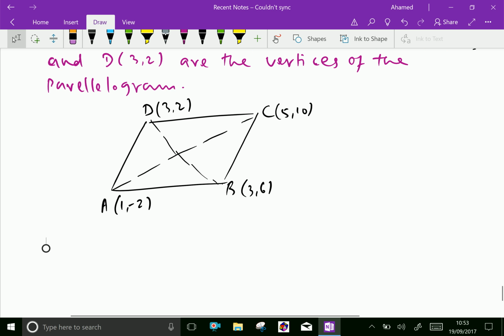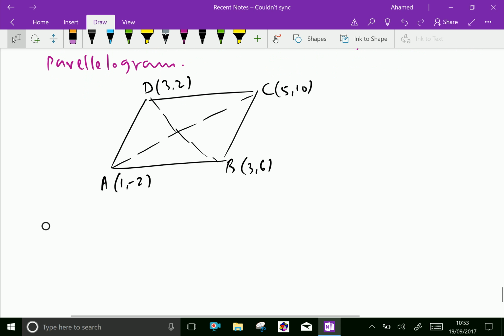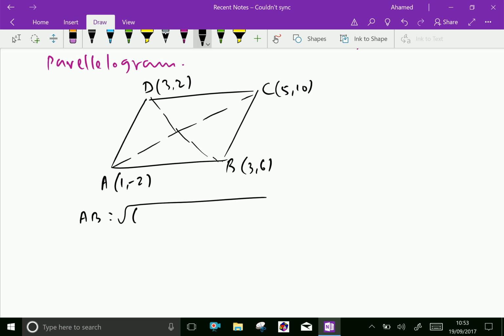Now we can prove it. First, we find AB. AB is square root of (3 minus 1) square plus (6 minus of minus 2, that is plus 2) whole square, which is equal to square root of 3 minus 1 is 2, square is 4, 6 plus 2 is 8, 8 square is 64, which is equal to square root of 68.